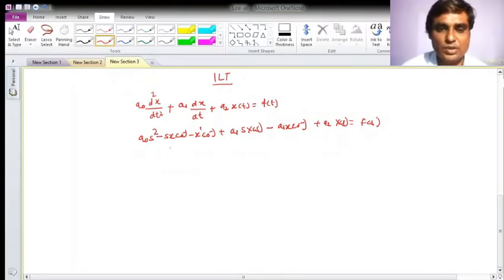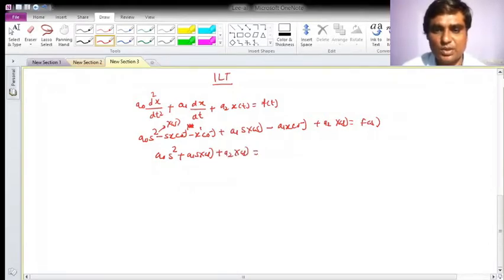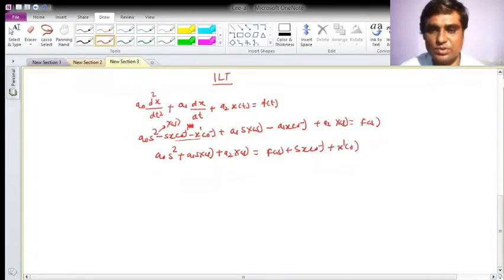And then what I'll do, because all the initial conditions I can shift to the right hand side: a0 s square plus a1 s plus a2, all multiplied with X of s, equals F of s plus s x of 0 negative plus x dash of 0 positive plus a1 x of 0 negative.